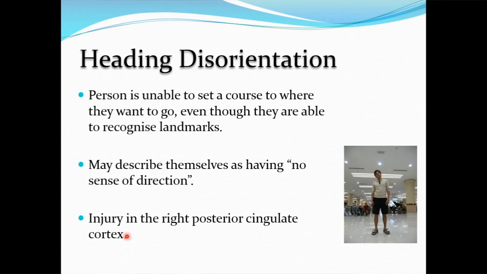Then you get what you call a heading disorientation, where a person is unable to set a course to where they want to go, even though they are able to recognize landmarks. So they may describe themselves as having no sense of direction. So this is where they're standing in a shopping center and they recognize the CNA and they recognize the Mug and Bean, but they don't know how to get to where they need to go.